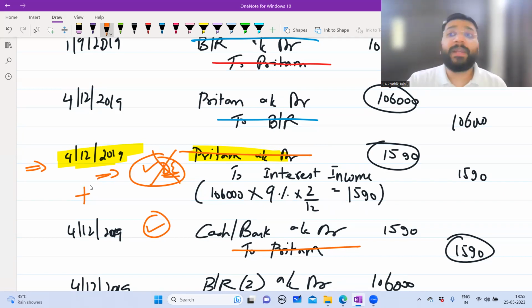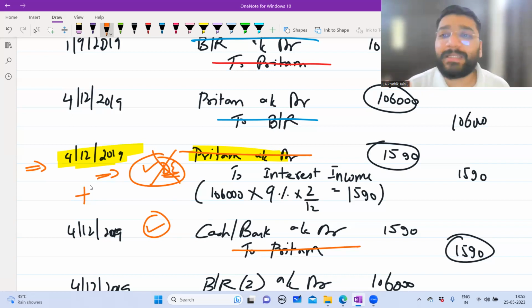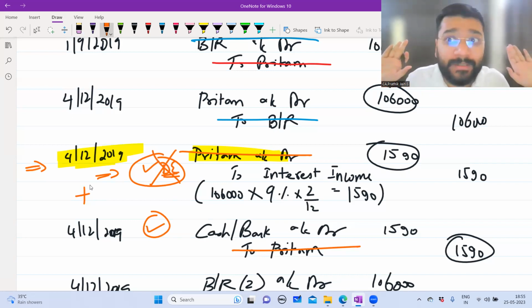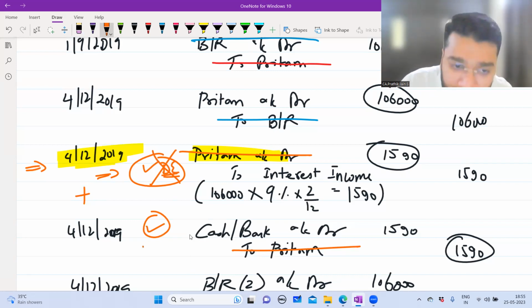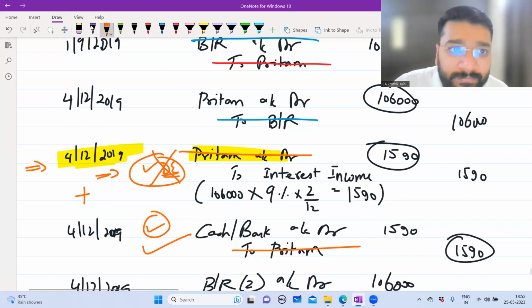At that time you will forget to pass a due entry. So to make it a habit, I'm putting the seed in your mind that whenever interest is coming in the concept of renewal of bill, you pass a due entry. That seed I'm putting, you will never forget it. Whenever renewal happens and interest is coming, your mind is very clear that the interest entry has to be passed, the due entry has to be passed. If it is received, I'll pass a receipt entry and close it. If not, I'll pass a bill of exchange and convert it to a bill of exchange.